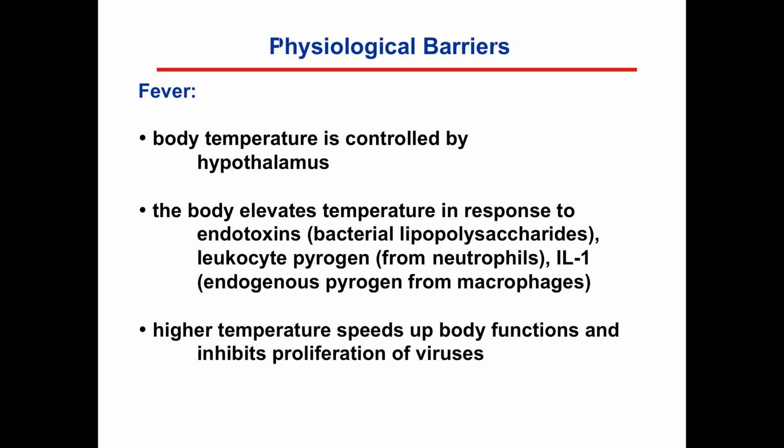It occurs during inflammation, and this higher temperature inhibits proliferation of viruses, but it also speeds up the bodily functions and the immune response, causing greater metabolic activity. So the temperature is important, and it's not just a bad thing. It actually contributes to resolving the infection.